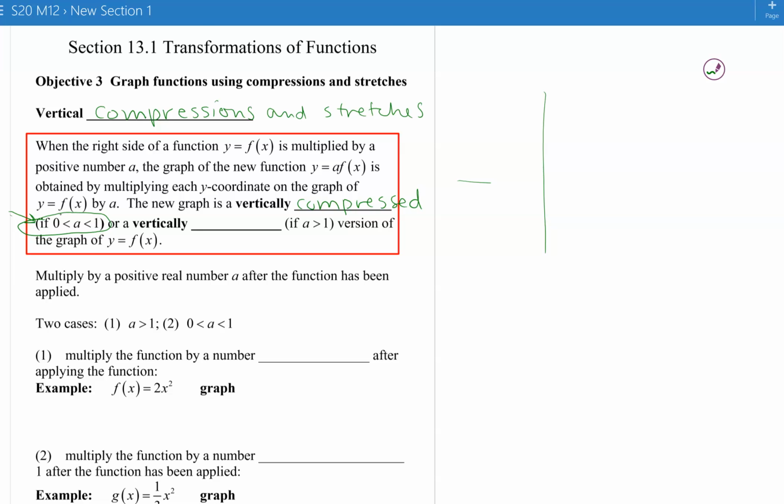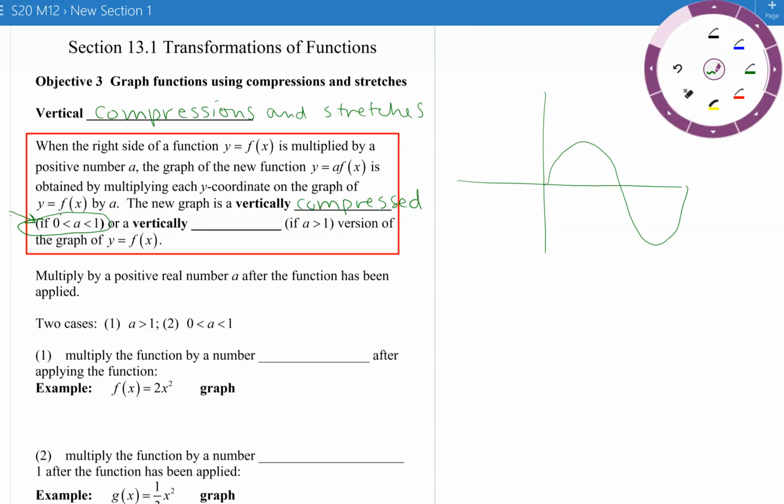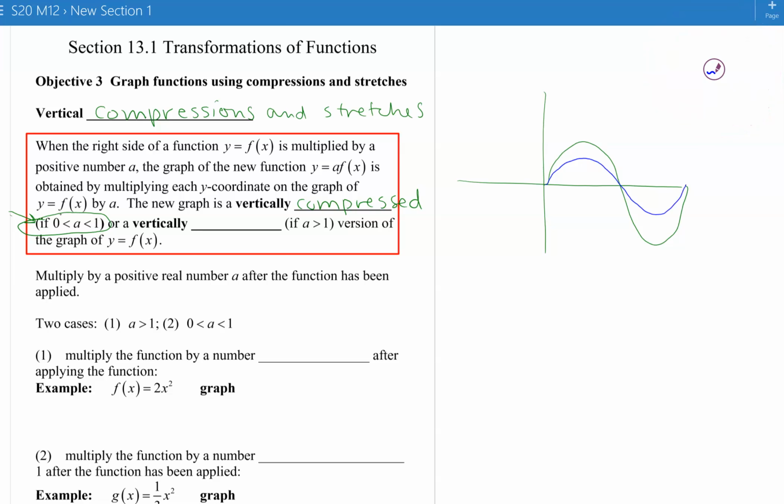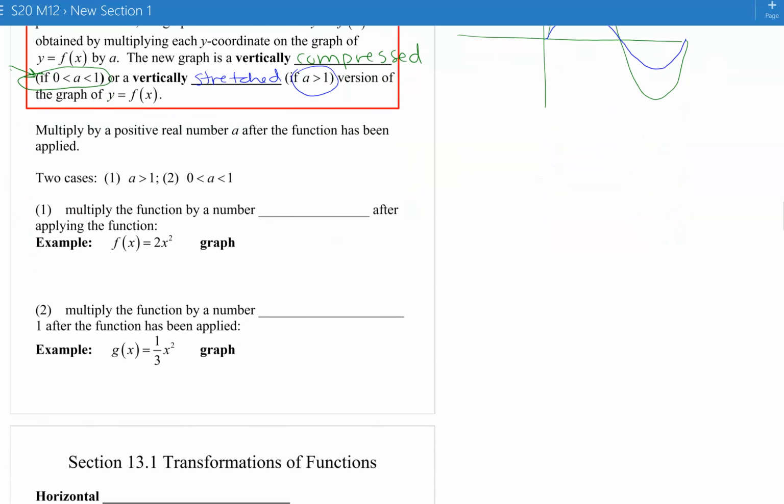These come up a lot more in trigonometry, or if you have a graph like this and you say, oh, I'm going to have a vertical compression, the graph zeros don't move, but its mountains are half as high and its valleys are only half as deep. Then if you multiply by some number bigger than 1, you're going to get a vertically stretched version of the graph.